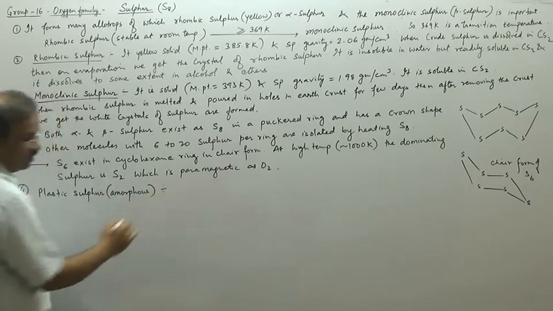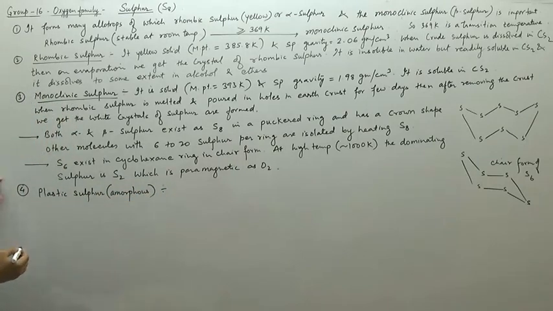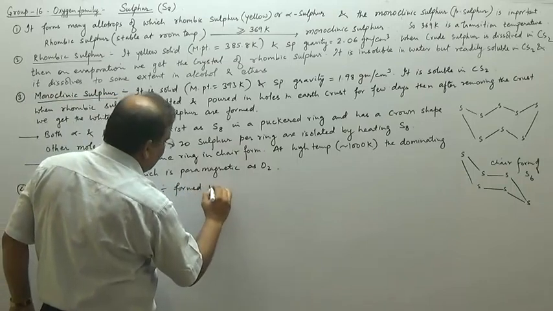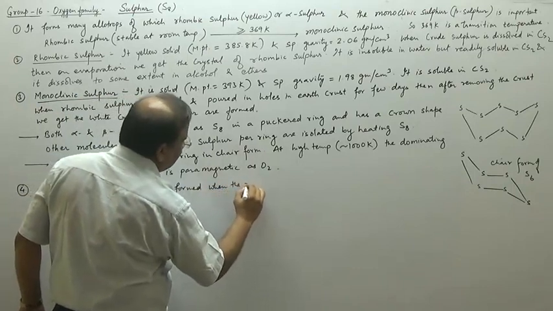So actually what happens when sulfur is heated: plastic sulfur is formed when the molten sulfur is poured in cold water.